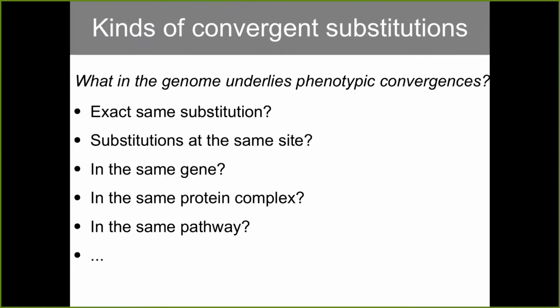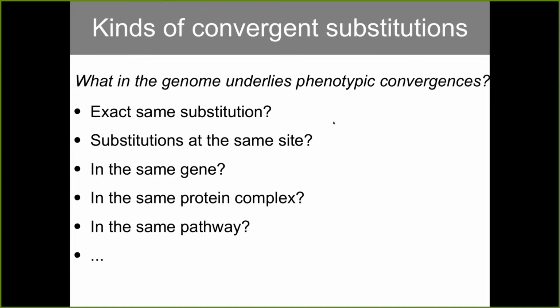However, even if we focus on convergent substitutions, we can still define different types of convergent substitutions. In some cases, one could imagine that convergent substitutions would be the exact same substitutions at the exact same site of the exact same genes in different species underlying the same phenotype.